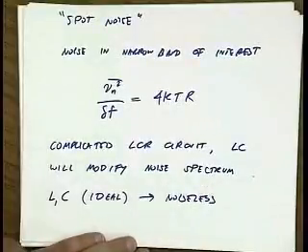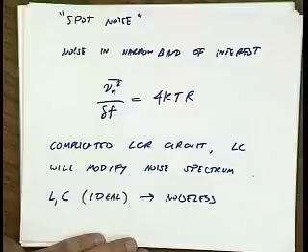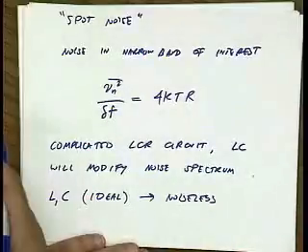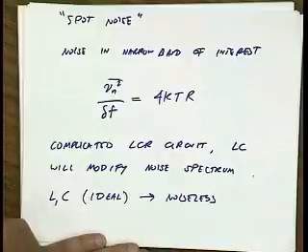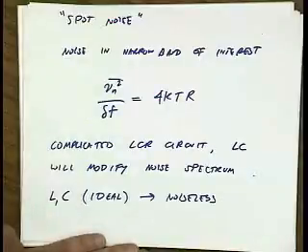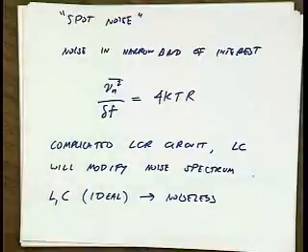An ideal capacitor has no noise, an ideal inductor has no noise. Real inductors and capacitors, we know from this class, have series resistance, parallel resistance, and that will generate noise. Anytime you have a physical resistor in your circuit, it will in fact generate noise. Right, questions?